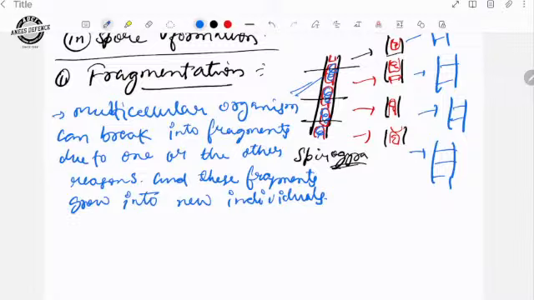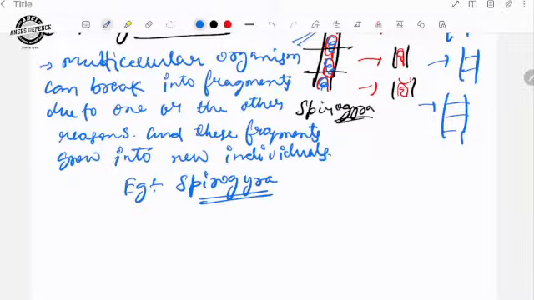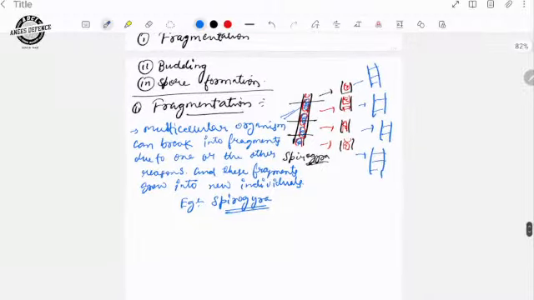Understood? This is the example. You can also write here Spirogyra. Clear? Fragmentation is over. Now we can proceed to the second process.